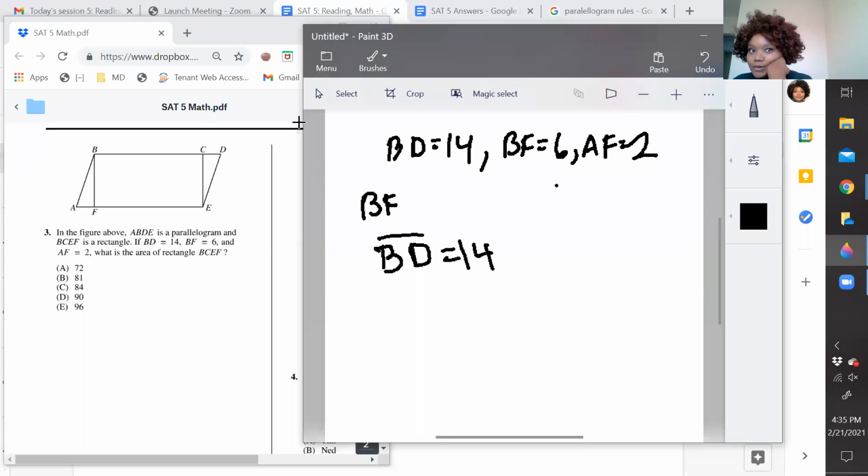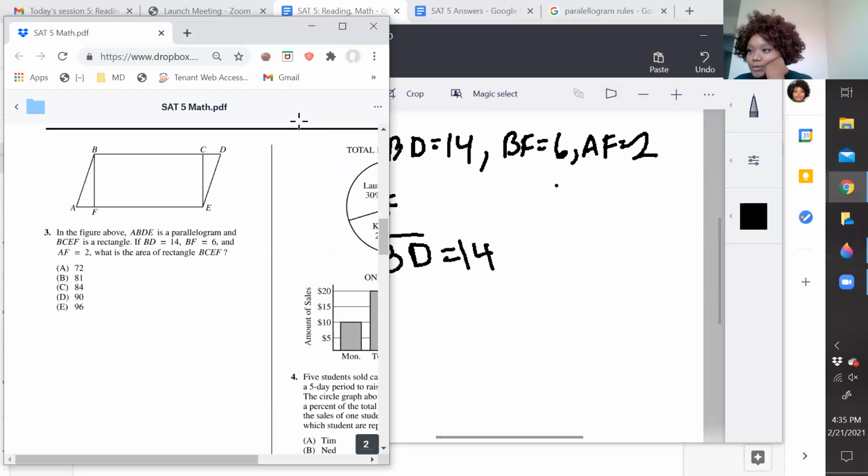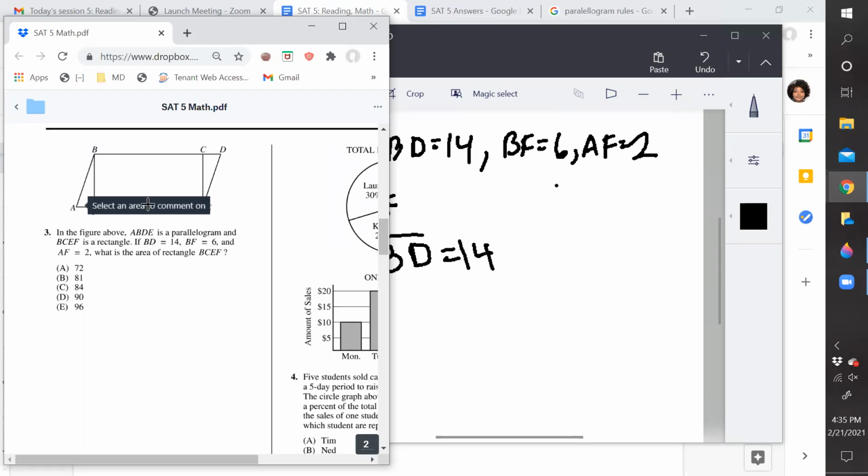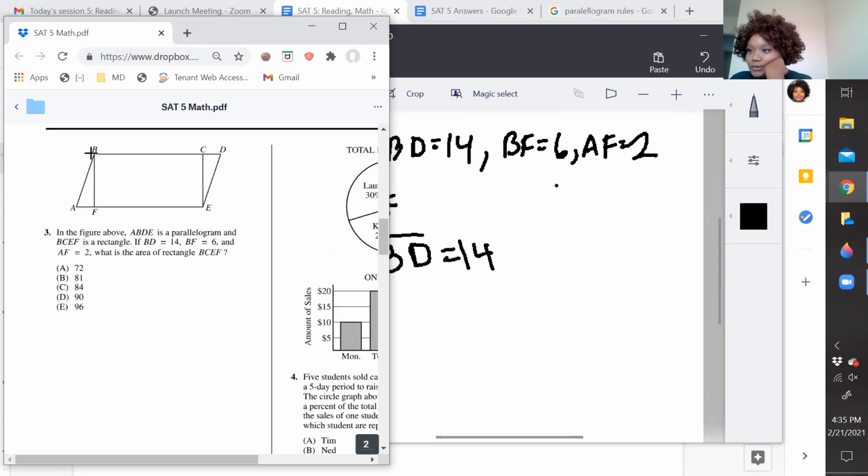We're just looking at B, C, E, and F. So we're just looking at this rectangle.